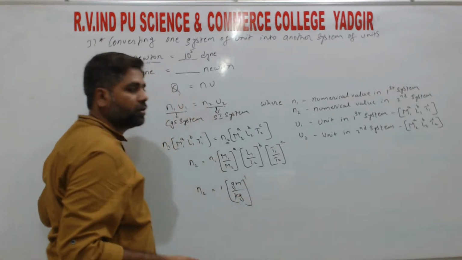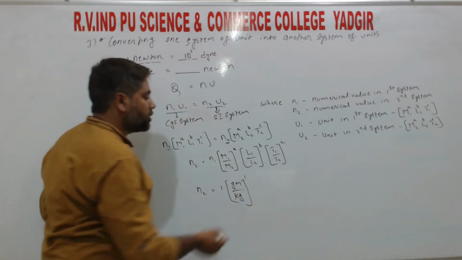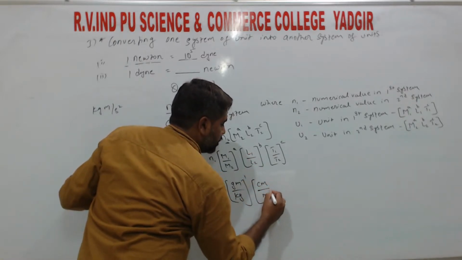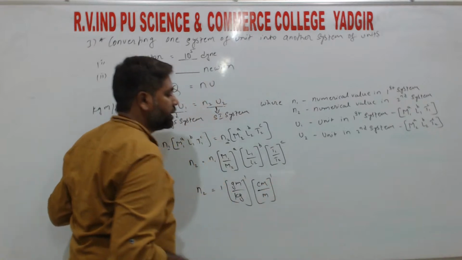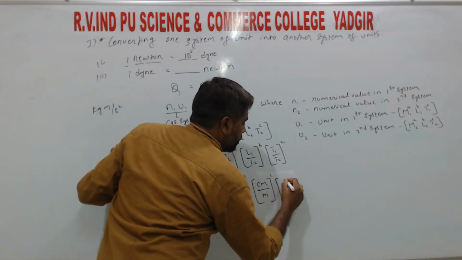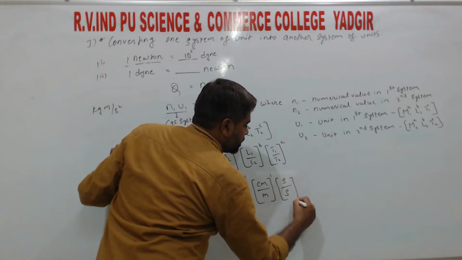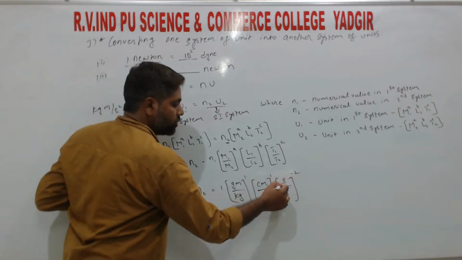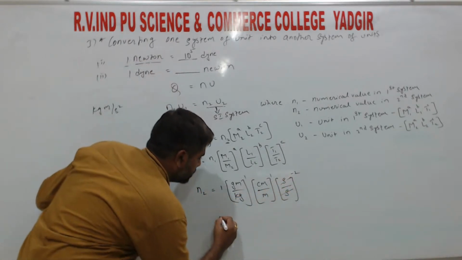Again its power is 1, right? Length in the CGS system is centimeter, in the SI system meter, again its power is 1, right? Time is in seconds in both, and the c value is -2. So here also the seconds get cancelled, right?